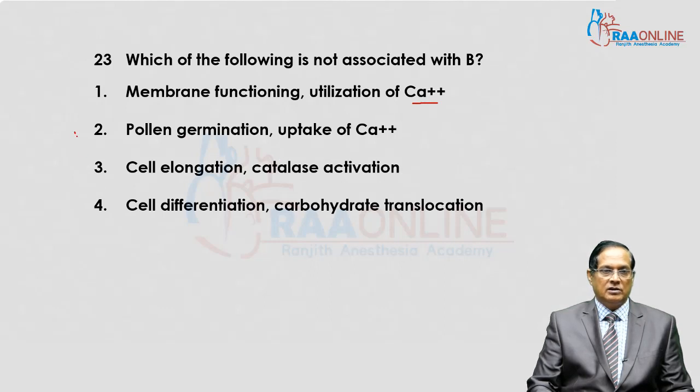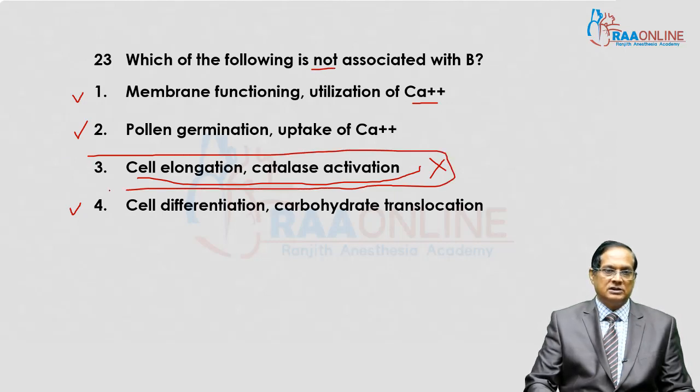Pollen germination, right. Cell elongation and catalase activation, this is wrong. Cell differentiation and carbohydrate translocation is right. Here the question is in negative form, that is, not related with boron. In that case, this answer is correct.